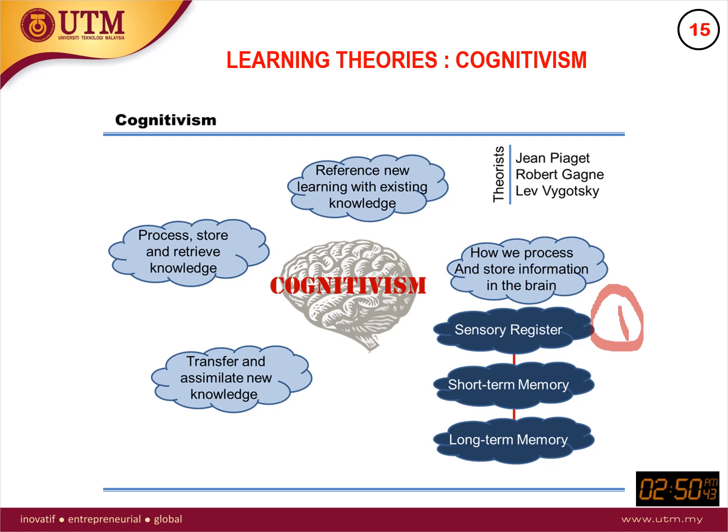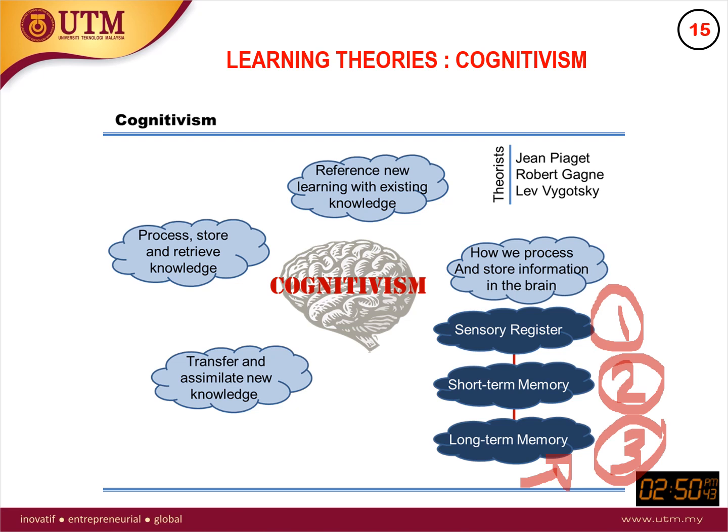Then whatever information we have, we transfer it to our short-term memory, and after the short-term memory, we transfer it to the long-term memory. Whenever this information is transferred to the long-term memory, it's kept there forever, and we can retrieve it anytime we would like to.